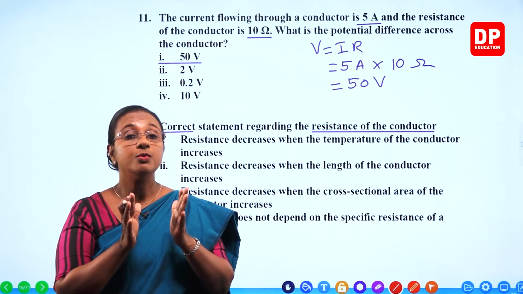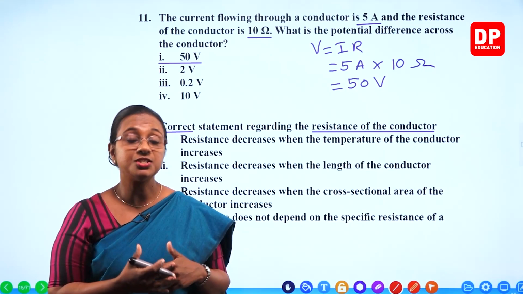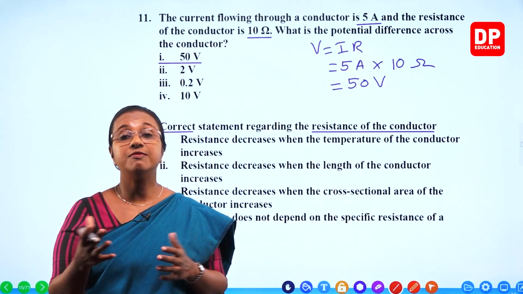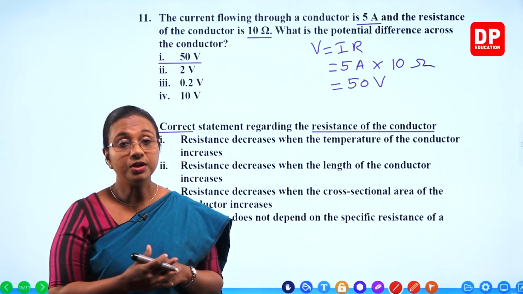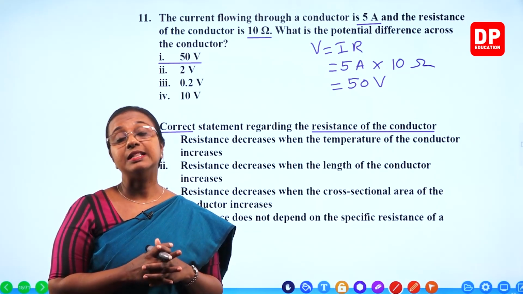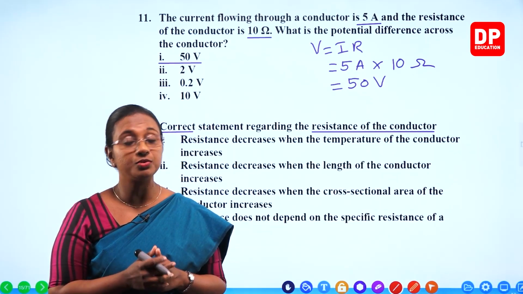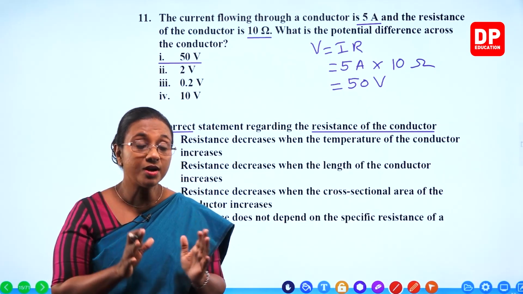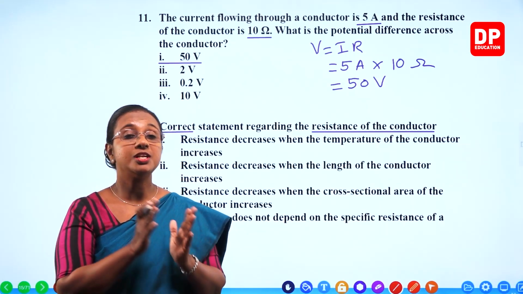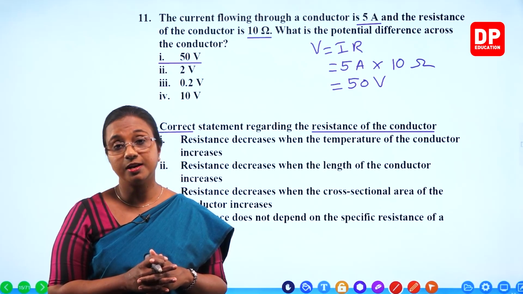When temperature increases, resistance increases. That is why when we did the activity to observe the relationship between potential difference and current, or to illustrate Ohm's law, you have to maintain the temperature constant. And also when we derive Ohm's law, you can remember at constant temperature, potential difference is directly proportional to current flow.